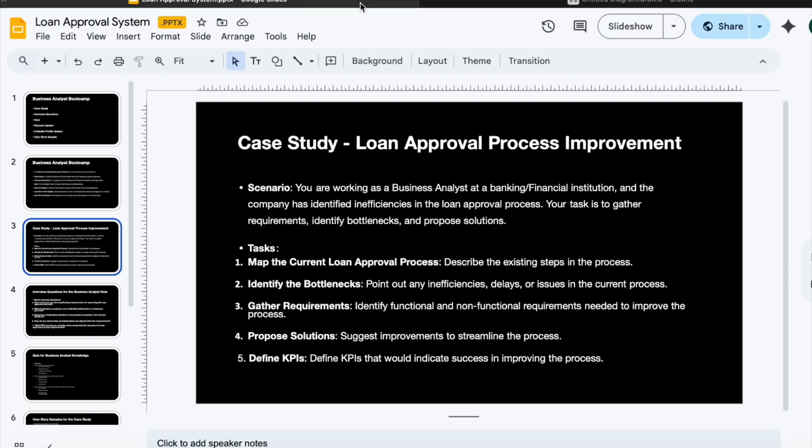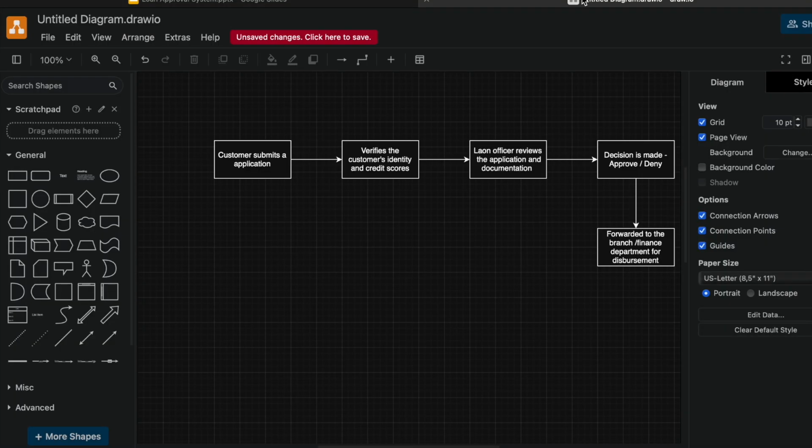Okay, so let's go back to our second question, which is identify the bottlenecks. So we can list in this one: long waiting times due to manual review. So once the customer submits the application, there is a backlog and it takes time, so there will be a wait. So that's one bottleneck.